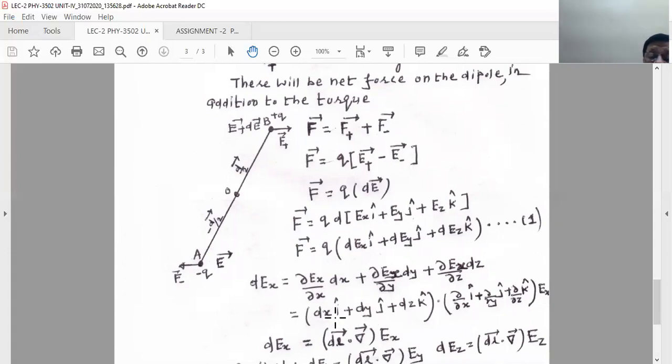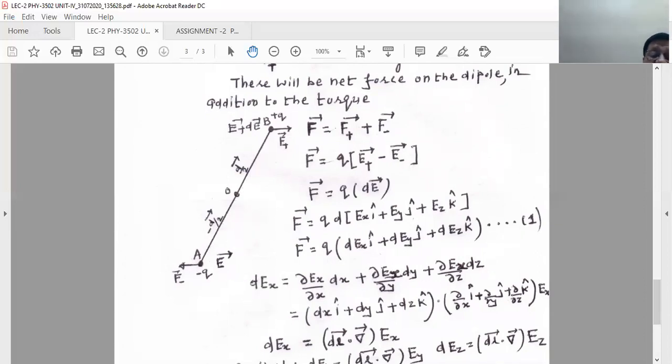Now you see this is dx i plus dy j plus dz k. This is simply nothing but your displacement vector from A to B. This is your point A. This is your point B. When you move from A to B, you are displacing by an amount of dl.